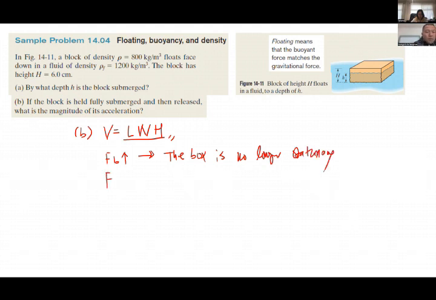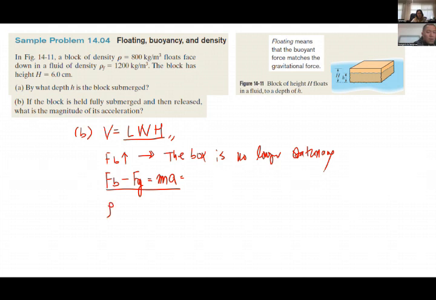If you take the gravity out of this buoyant force, that produces a net force upward, which is actually mass times acceleration upward.